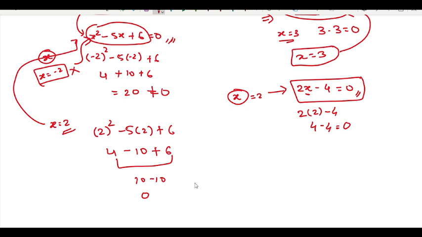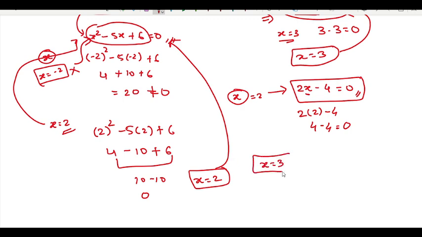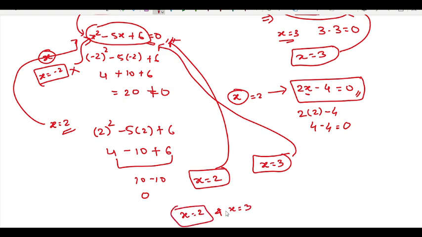So we can say that x is equal to 2 is a root of this quadratic equation. Similarly, if we put x is equal to 3, we will also get the value of this expression as 0. So here x is equal to 2 and x is equal to 3 are the roots of the above quadratic equation.